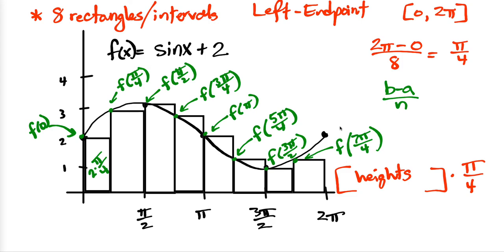And then eventually, if you ever really start to get bored, instead of finding the height repeatedly, this can be a summation, because we're taking all of the heights and then adding them together. So this could be like, say, the sum from 0 to 7 pi fourths.